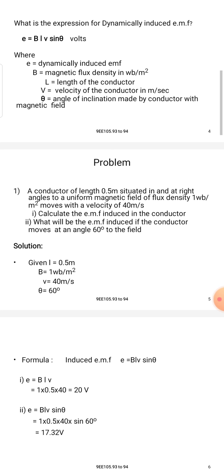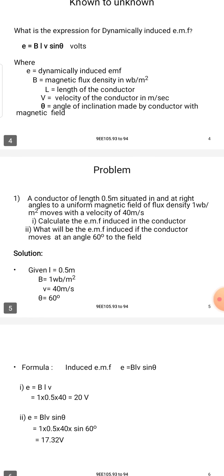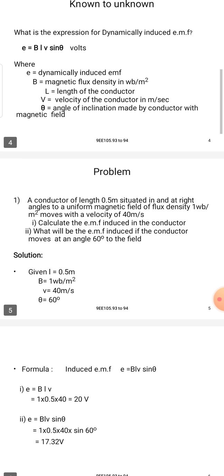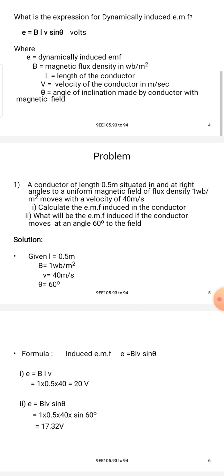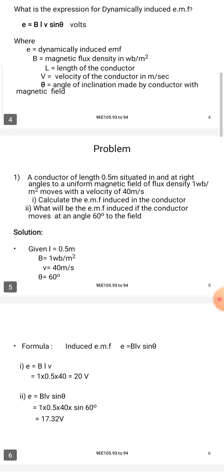B is the magnetic flux density, with unit Weber per meter square.